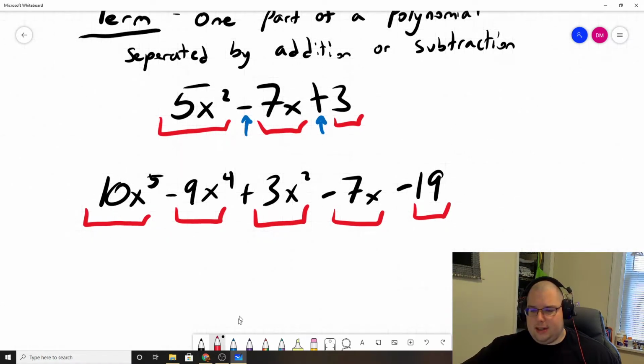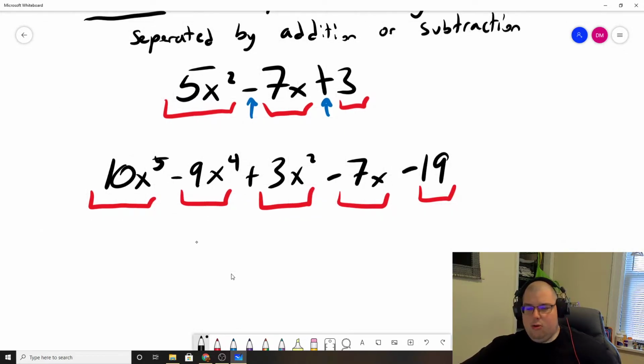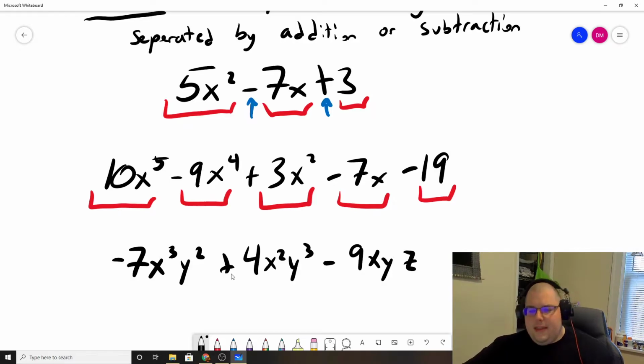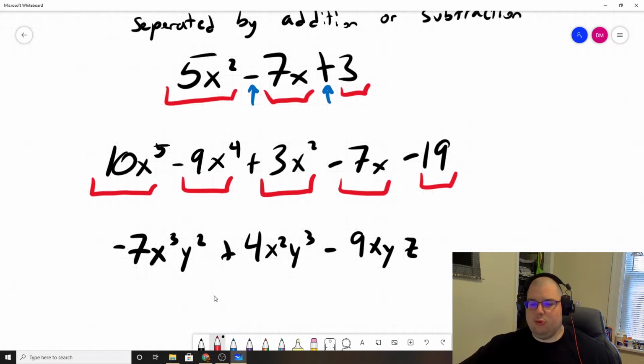For instance, if we had something a little more wild, like negative 7x cubed y squared plus 4x squared y cubed minus 9xyz, that polynomial's a little crazier. It's got more variables than we're used to seeing, but the same rule applies.